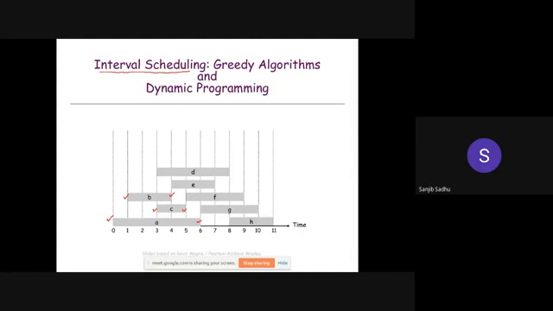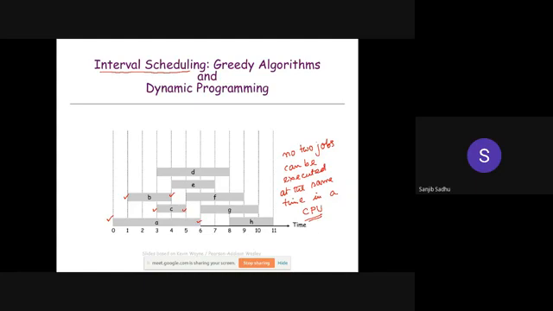You assume that no two jobs can be executed at the same time in a CPU. One machine. In a single machine, you cannot execute two jobs in parallel.